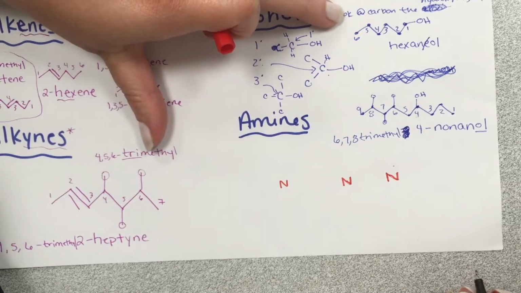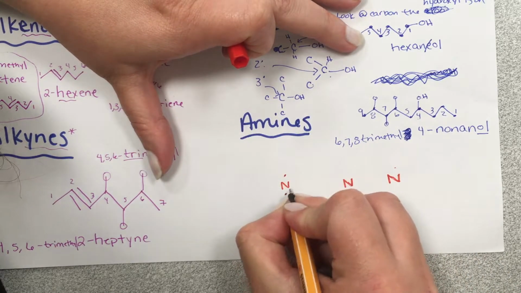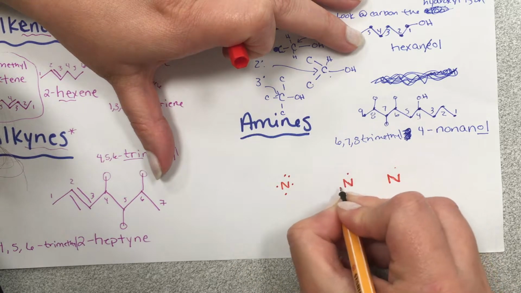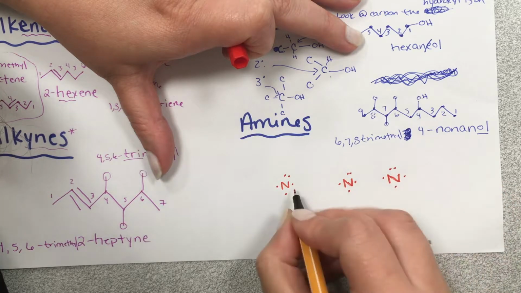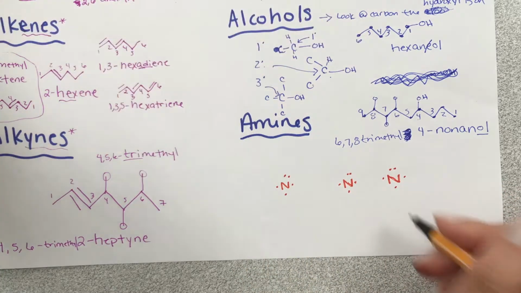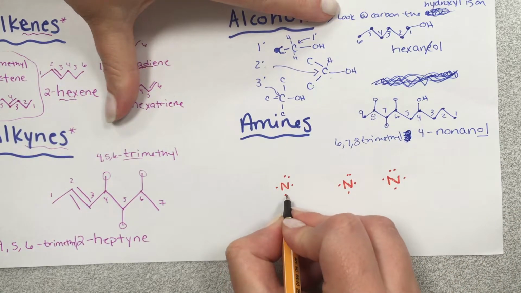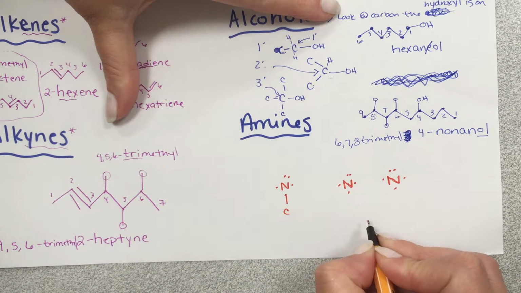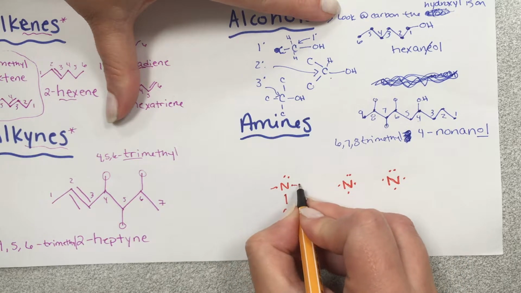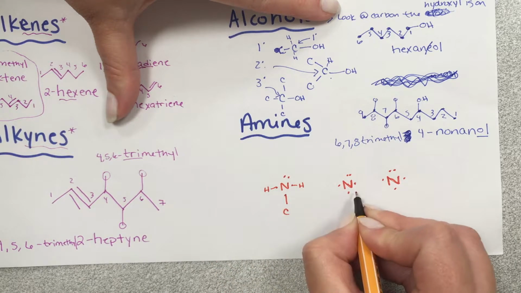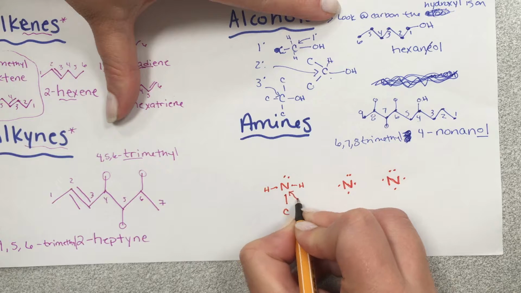If you remember what we learned at the beginning of the year, nitrogen has 5 valence electrons. So that means nitrogen can only bond with 3 things because it needs 3 more to have its octet. So if nitrogen has 1 carbon bonded to it, the other 2 would be hydrogen.